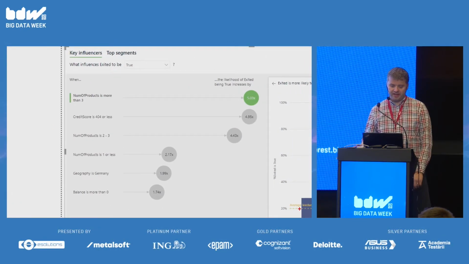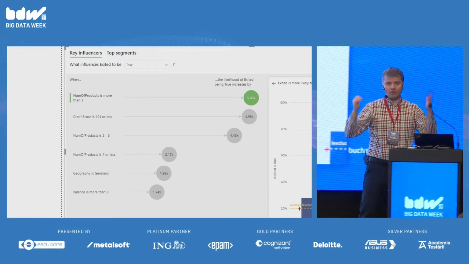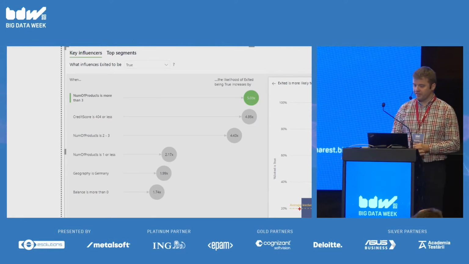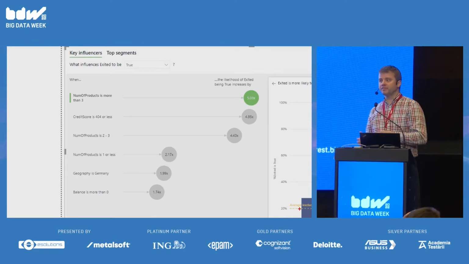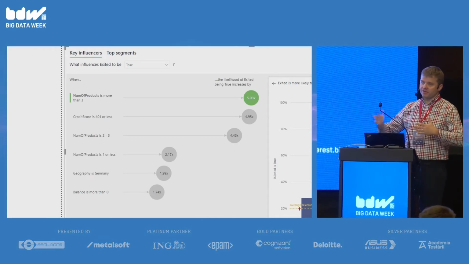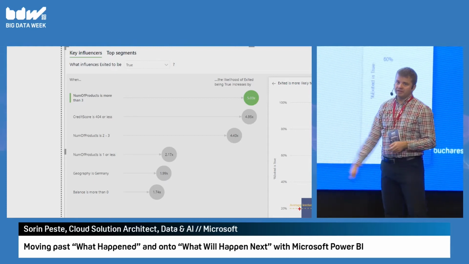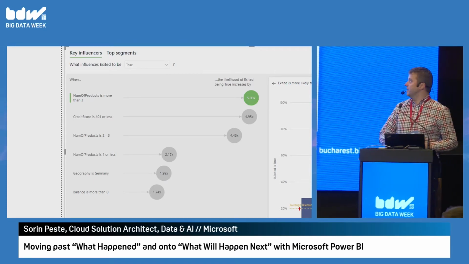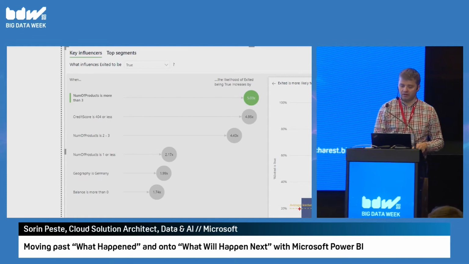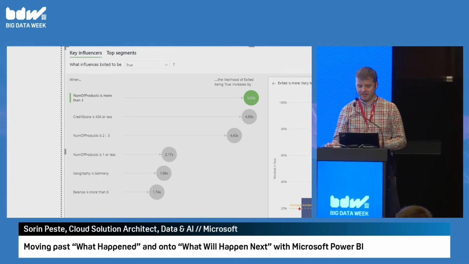But basically what this is saying is that when a specific attribute is true or falls in a specific interval, then the percentage of churn customers increases versus the baseline. So like with a credit score of 404 or less, the percentage of churn customers is almost five times the total population, the total customer base average.